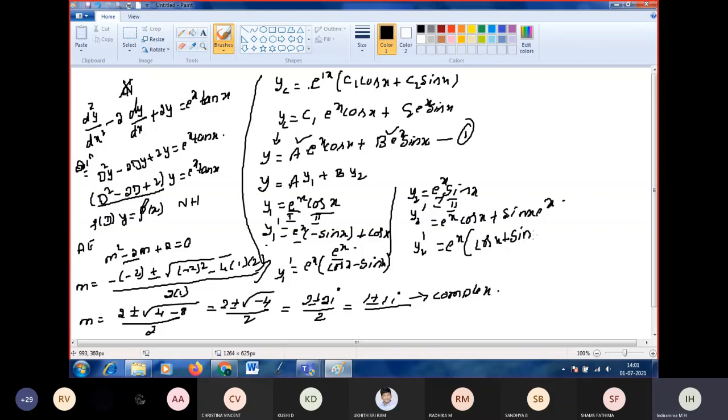After this, what we should do? Find W. What is the formula to find W? Y1 into Y2 dash minus Y2 into Y1 dash. Now substitute Y1. What is Y1? E power x into cos x is Y1, into Y2 dash.